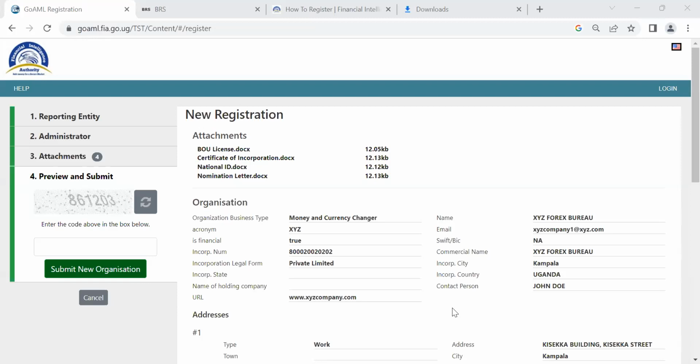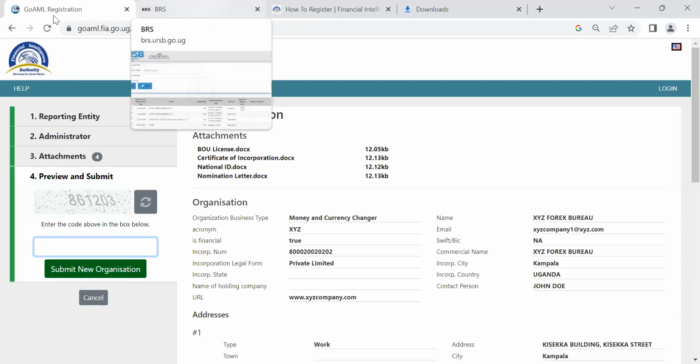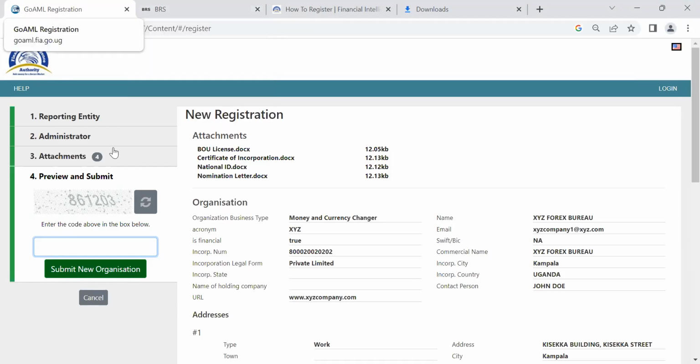When I put the code and submit, it says please use another username. That means the organization is already registered. So I'll have to share with you your e-certificate. No, that means for the test environment we shall have to send you your credentials. Do you recall them?